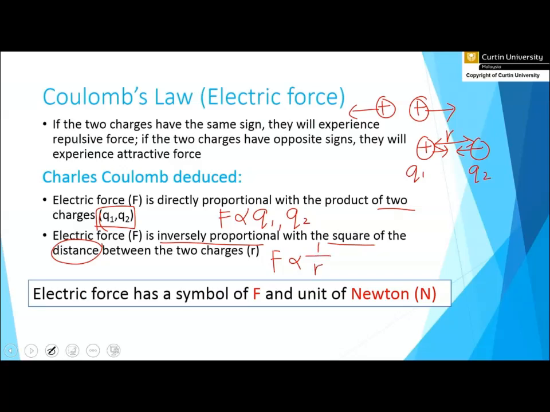So 1 over R squared. So electric force, since this is a force, the symbol is given as F, and the unit for force is Newton. Okay, same as what you have learned previously.